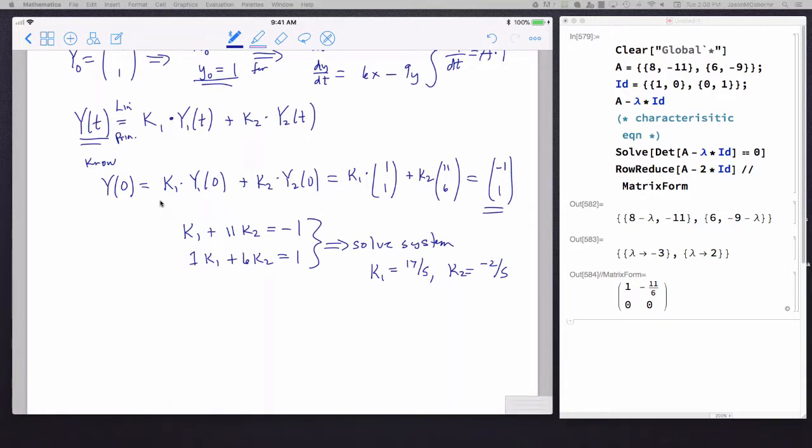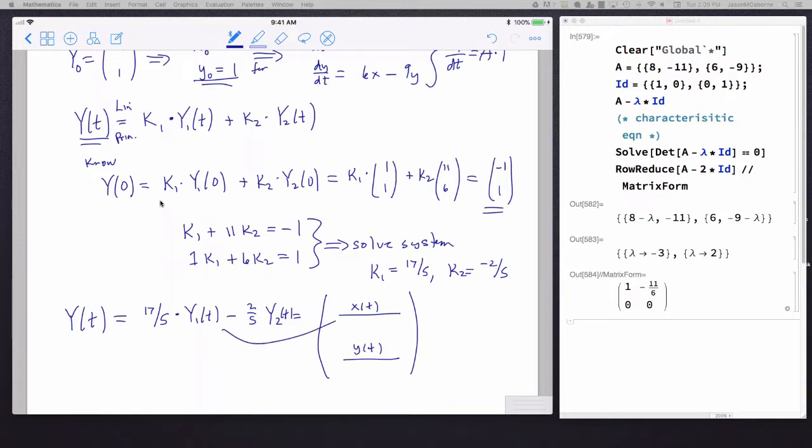So we know now that our solution that goes through the initial condition in question is 17 over 5 times y1 minus 2 over 5 times y2 of t. And you can expand that out to work out whatever x of t and y of t come out to be.